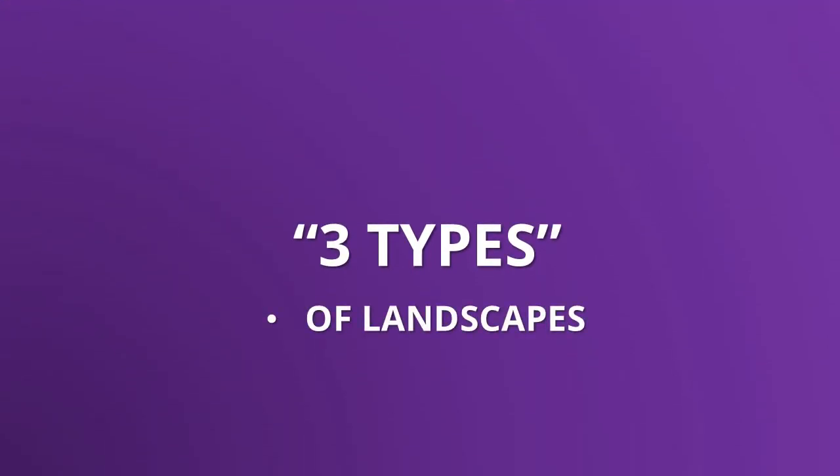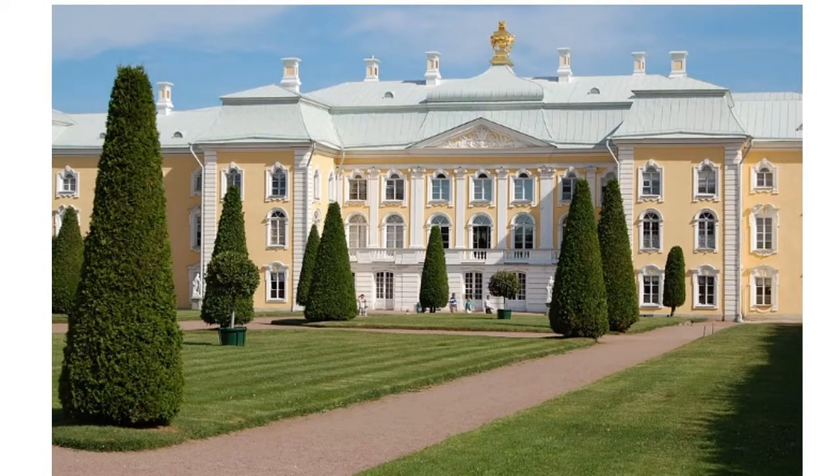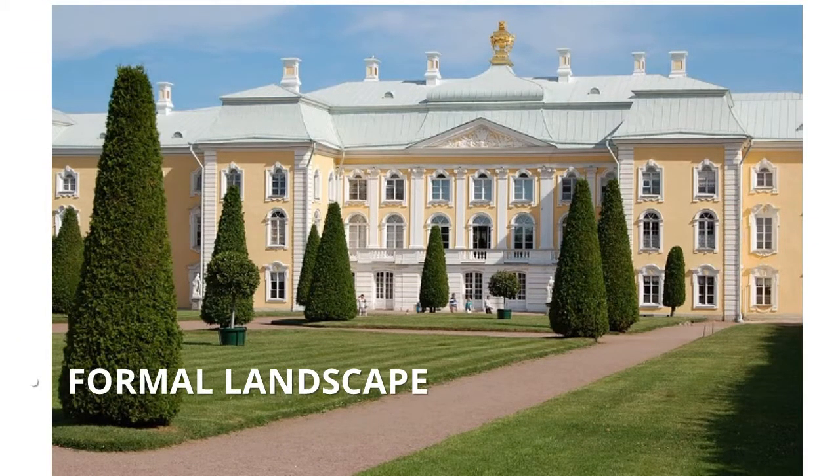And then if we now come to the types of landscapes, I would say there are 3 types of landscapes all over the world. The first type of landscape would be formal landscape. Now, just like in the picture, you would see the trees there, and the lawn and the walkways, the hardscape, and the borders are also existent.